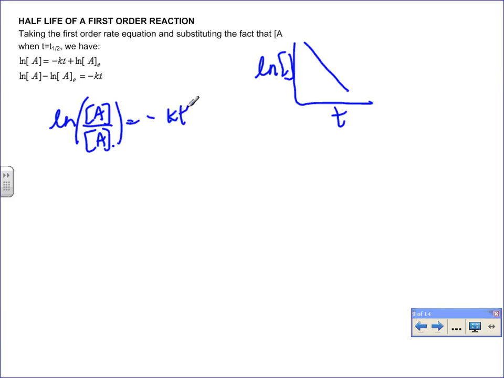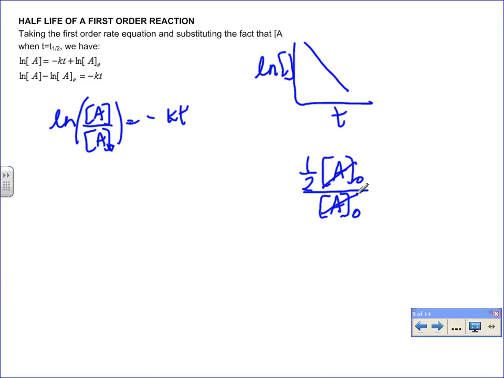When we're looking at the half-life, that's going to be the point where the concentration of A is equal to half the concentration of A naught. So I'm just going to do a little side thing over here. If I've got half of A naught over A, so I'm taking this expression here and applying it for my half-life, that is really just 1 over 2, right?